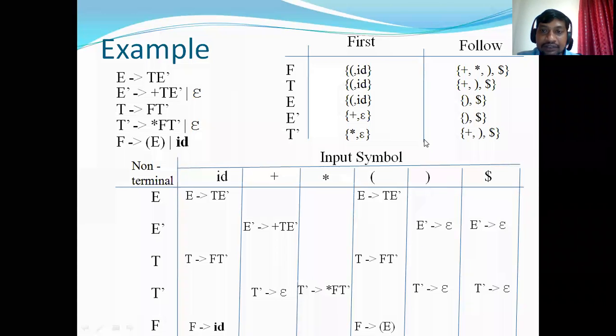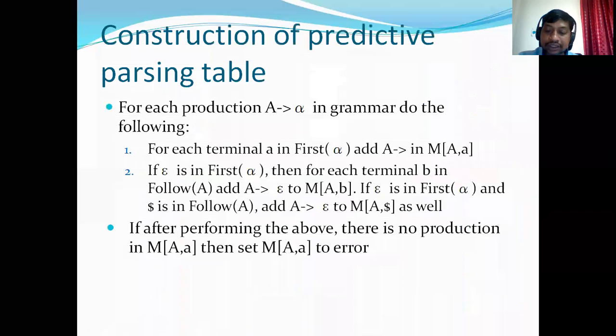Similarly, E dash with dollar, the corresponding entry is the null production. Why? Because these entries are coming from the second rule. If epsilon is in first of a particular non-terminal, then for each terminal b in follow of A, add A derives epsilon, the null production rule.